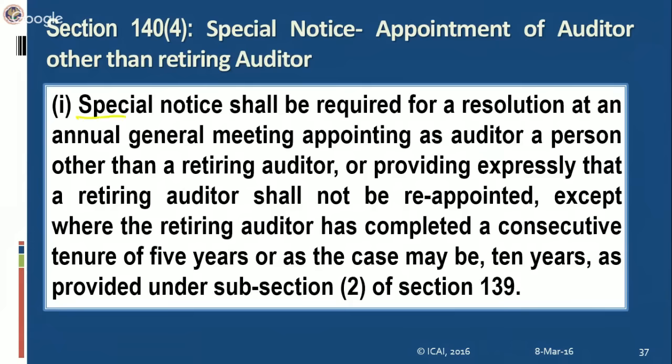Here we are talking about special notice. Special notice is normally a minimum 14 days notice. That is called special notice. Special notice shall be required for a resolution at an AGM appointing as auditor a person who is other than the retiring auditor.